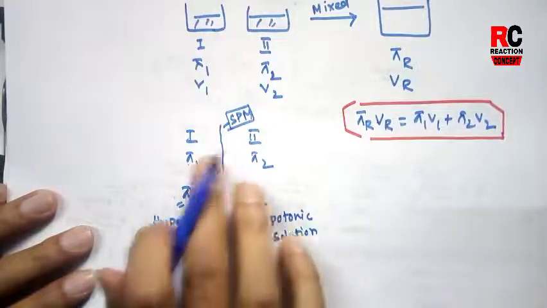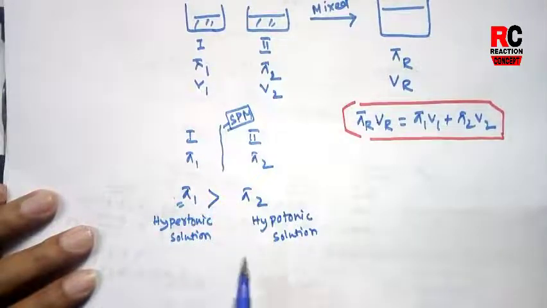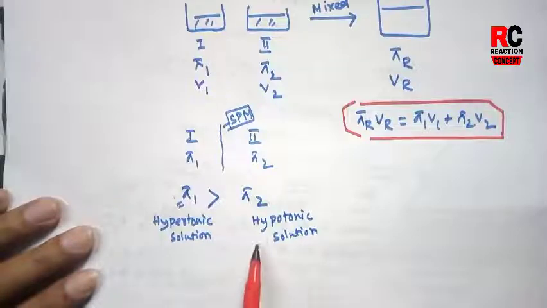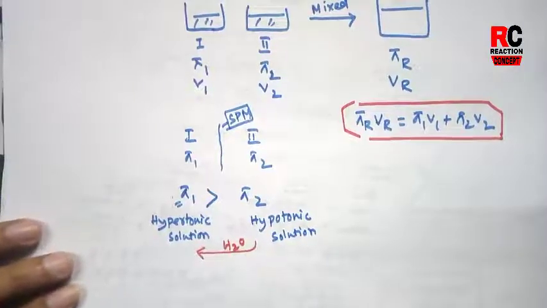So in such a case, if we separate these two solutions by a semi-permeable membrane, then solvent molecules will flow from the hypotonic solution to the hypertonic solution. Okay, this way solvent molecules will flow.